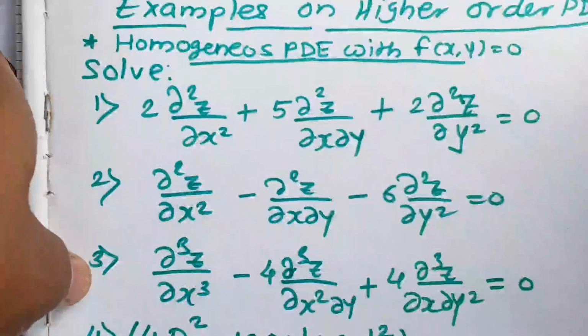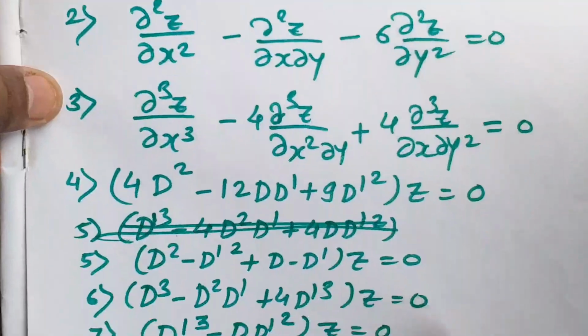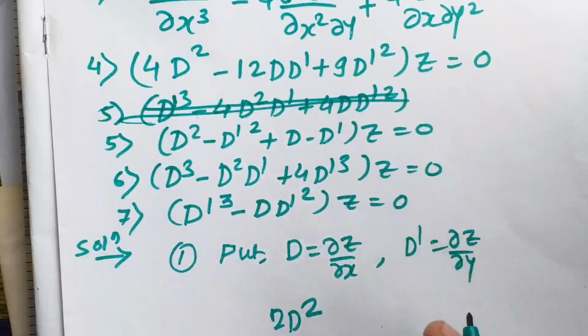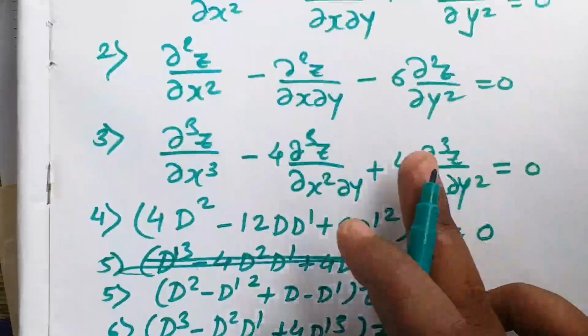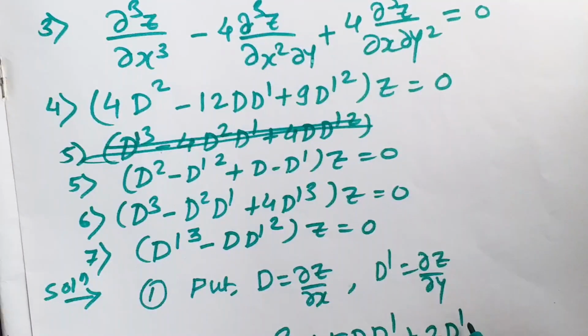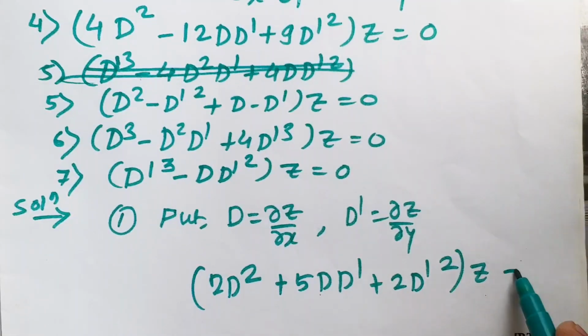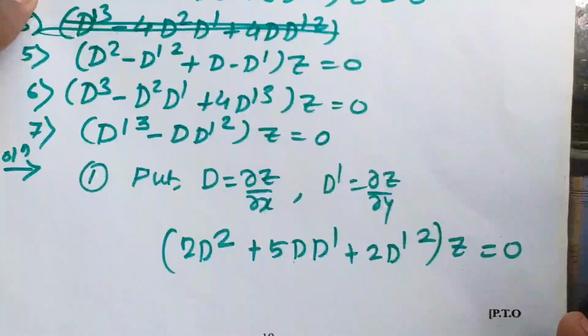The next term is 5 times one derivative with respect to x and one with respect to y, so both D and D dash will be there: plus 5 D D dash. The final term is 2 times del 2 z by del y square, so it will be 2 D dash square. Outside the bracket we write z, and equate it to 0. So this is the given partial differential equation in the form of D and D dash.